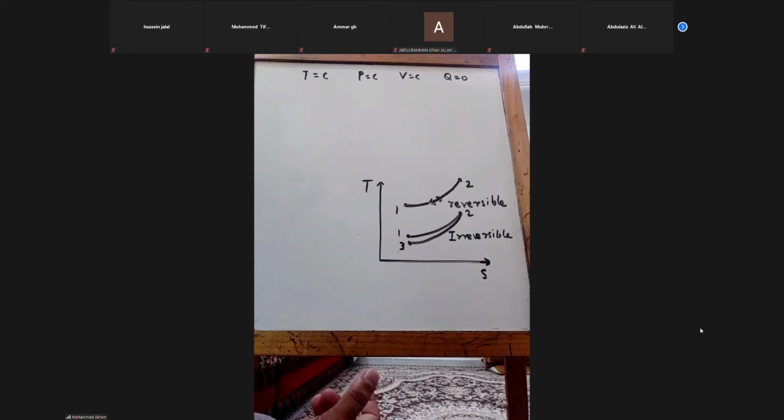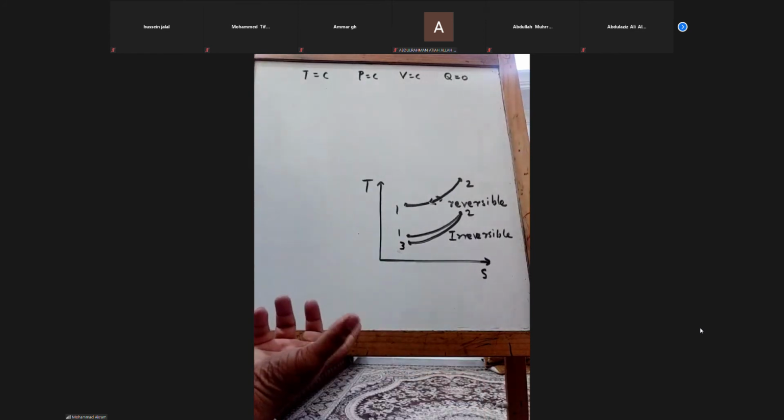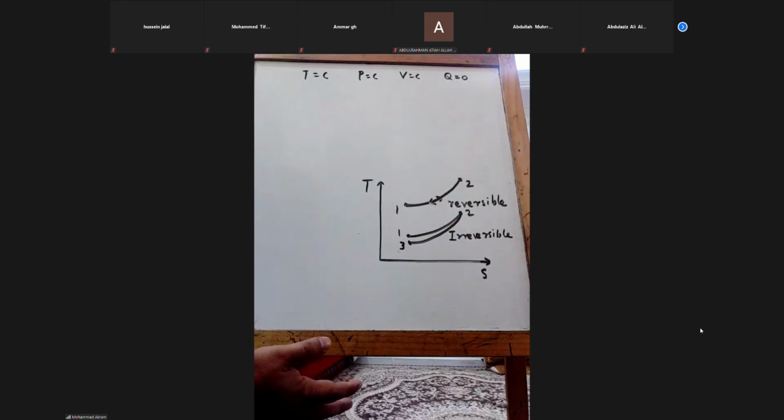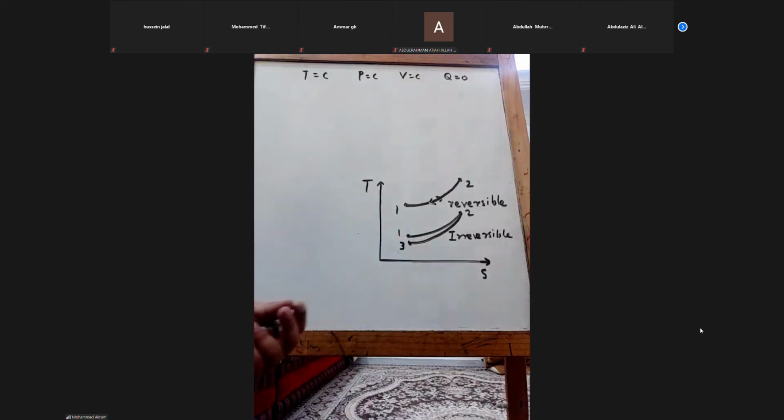But some processes, ideally, we consider as reversible, like compressing and decompressing, like filling air and removing air from a tire, for example. You can bring it back to the same position. So ideally we can consider some processes as reversible, but irreversibility is a phenomenon: irreversibility due to friction, due to heat loss.